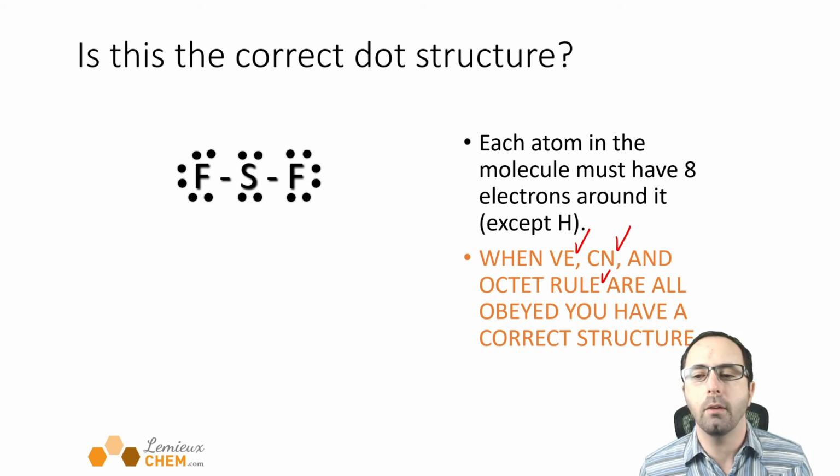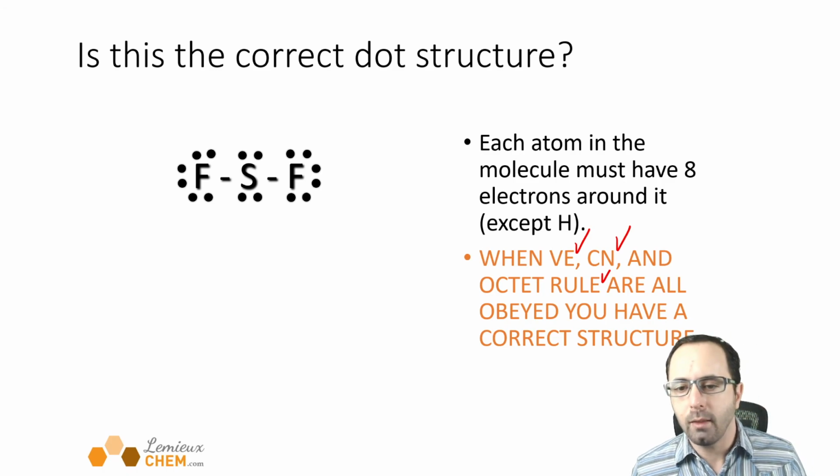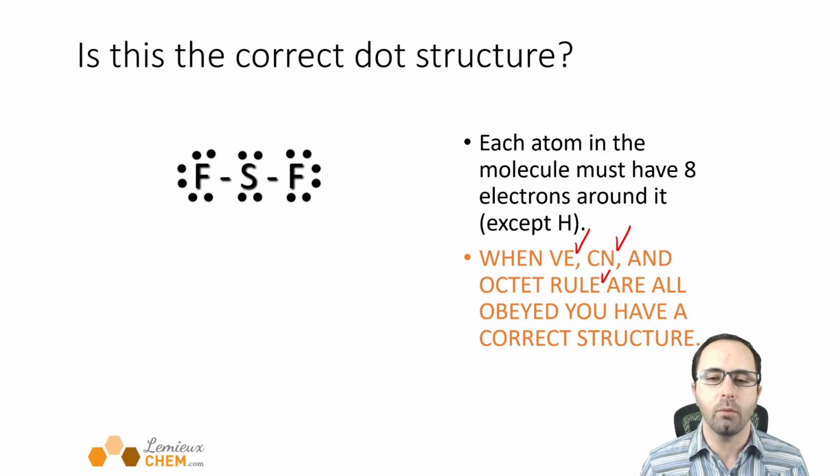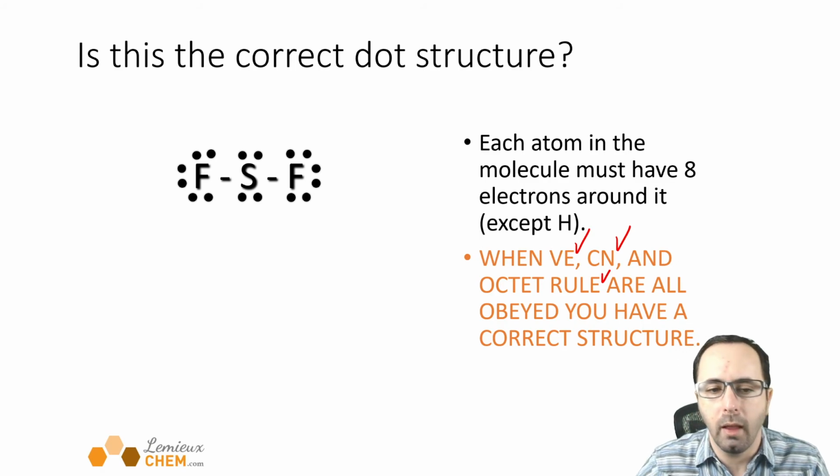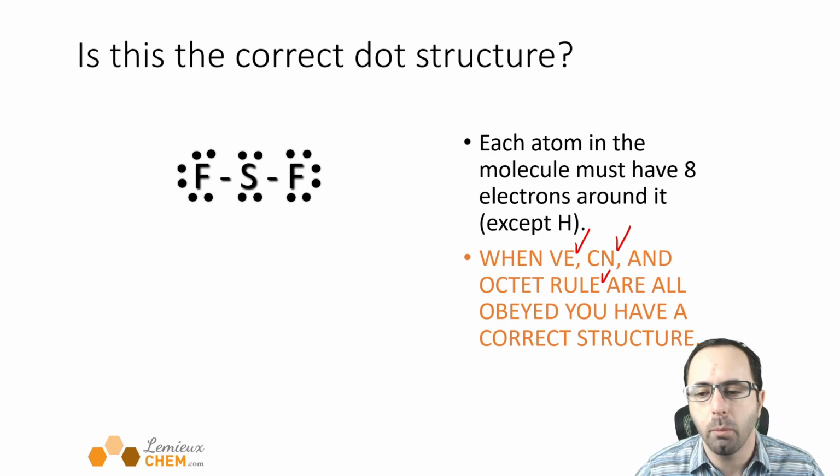You are right. Okay? So that's one of the great things about these kinds of problems, is that it's relatively simple to check that the structure you drew is correct. And that is true even if there's more than one possible answer. For some larger structures, it's possible that there's more than one way to write these.